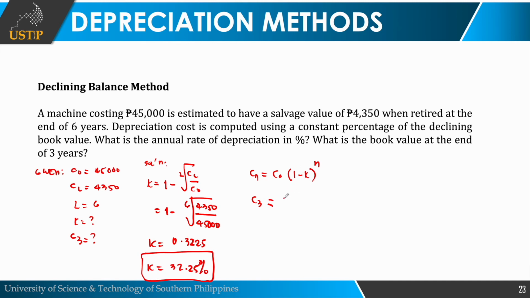We have the original cost, 45,000 times (1 minus 0.3225) raised to 3. So we have the book value at the end of 3 years, that is 13,993.95.